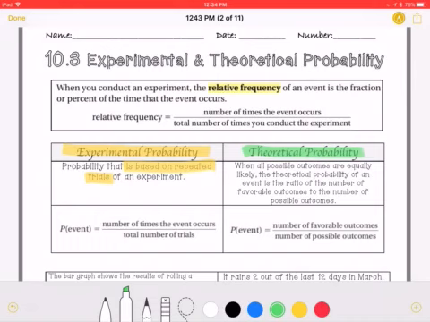What are your favorable outcomes versus your possible outcomes? So it defines it as when all possible outcomes are equally likely, the theoretical probability of an event is the ratio of the number of favorable outcomes to the number of possible outcomes. So that's how we would set up our ratio.